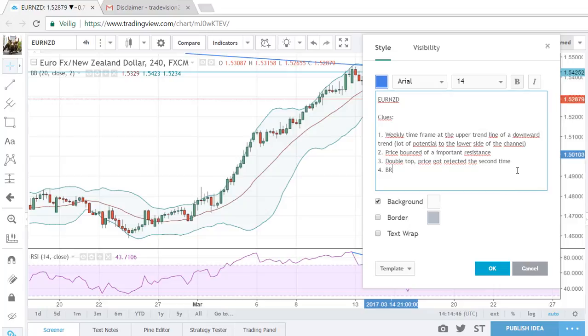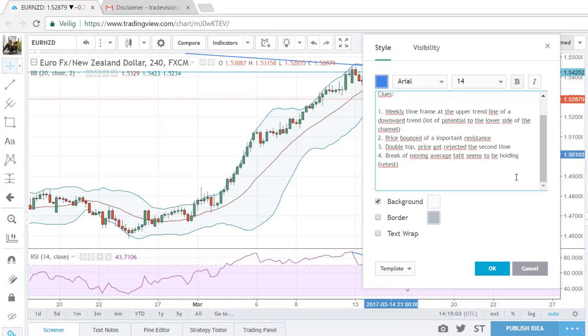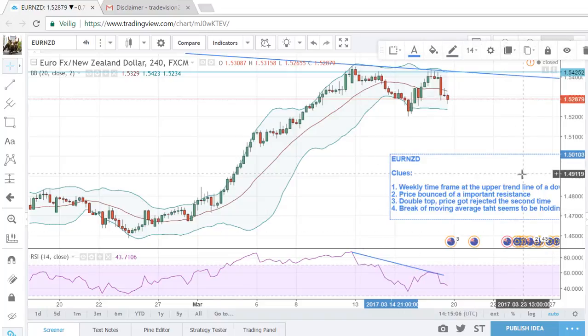Break of moving average, that seems to be holding. Retest. Next one, do we have more information on this chart?